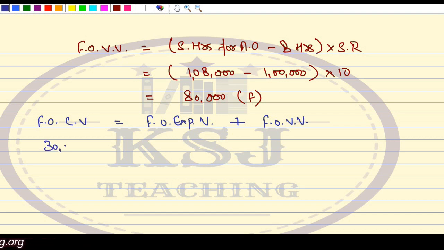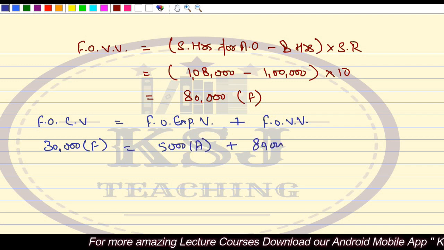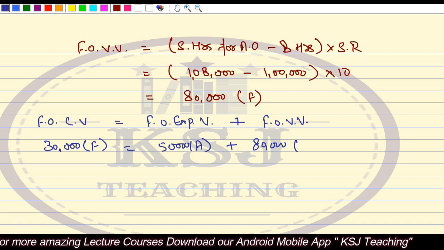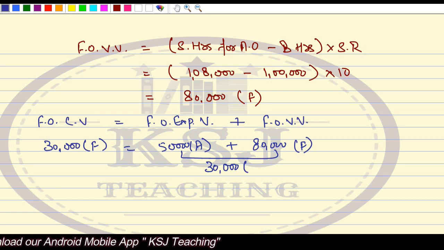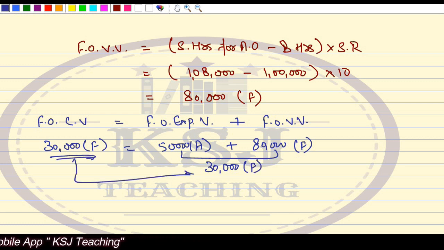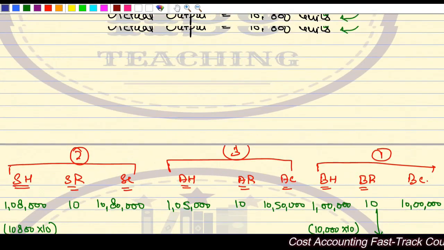So cost variance is 30,000 favorable and expenditure variance is 50,000 adverse plus volume variance is 80,000 favorable. So net effect of this will be 30,000 favorable, right? So you can cross verify your question like this. So this is about the fixed overhead variances.